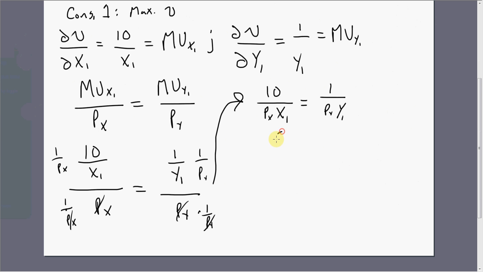From here, let's solve for good Y. And if you do that, we're left with this. Dividing through by 10.